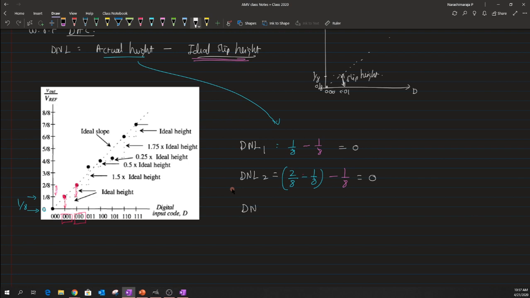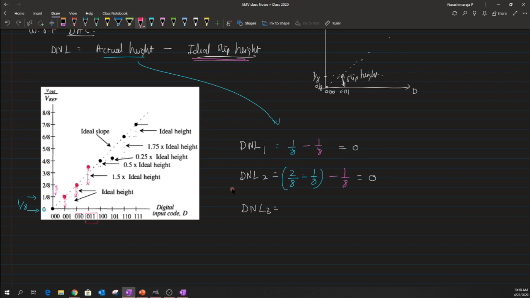So let me read out the DNL of 3. In the case of measuring the DNL of 3, again I have to look for the digital input value of 011, and for that the corresponding point is this quantity. Now in order to measure the actual step height, I have to look for the previous black dot point.